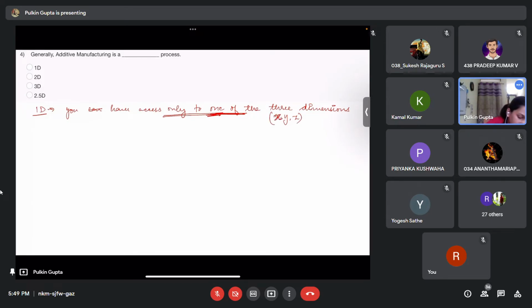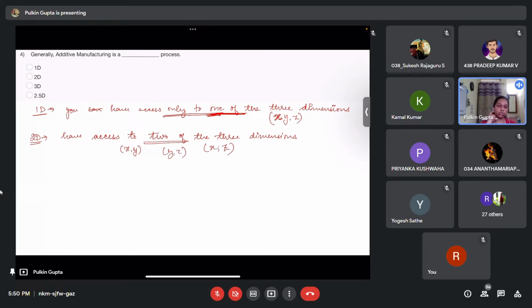In 2D, you have access to two of the three dimensions. So you have combinations of XY or YZ or XZ.